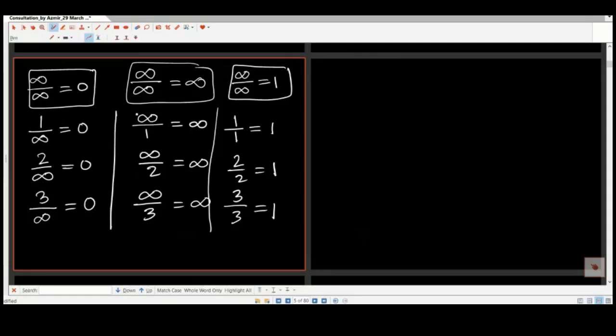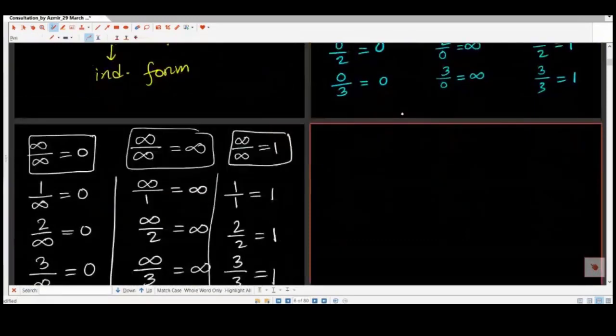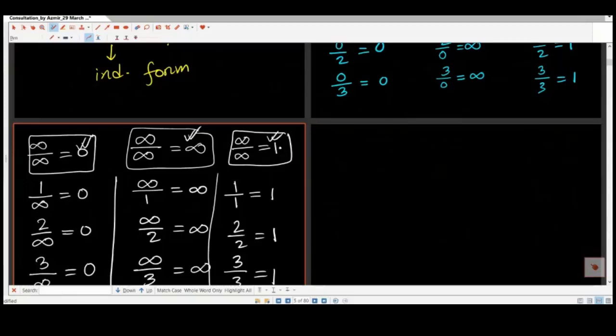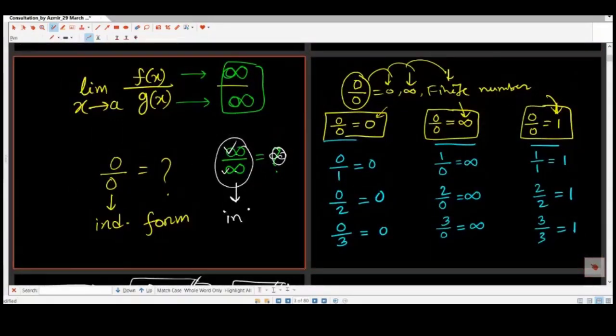So that means, just like 0 over 0, infinity over infinity can be 0, can be infinity, can be a finite number. So we can easily say that infinity over infinity is another indeterminate form.